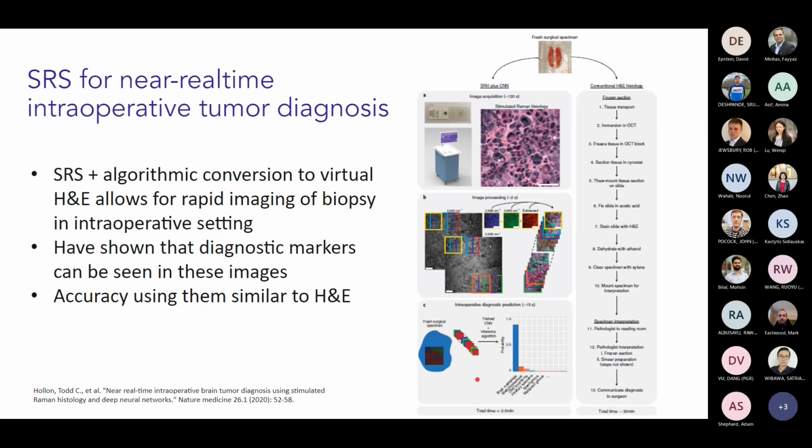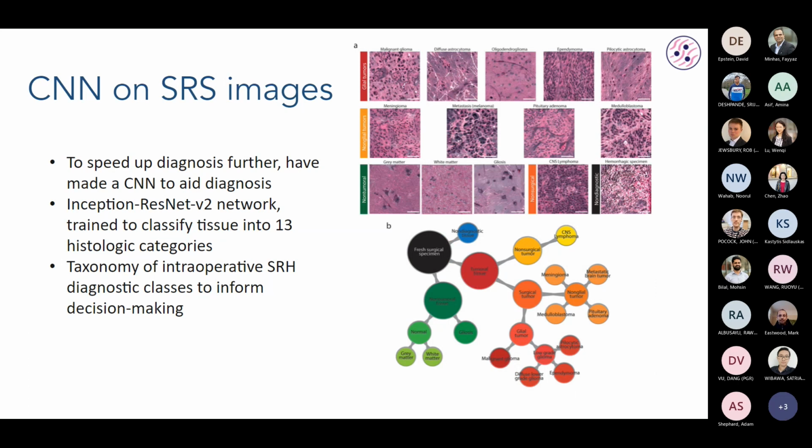So just to go on a bit more about that. They trained their CNN, an Inception ResNet V2, to classify patches of tissue into these 13 different histological categories, subcategories of various different diagnostic classes that are of relevance to their operating procedure.